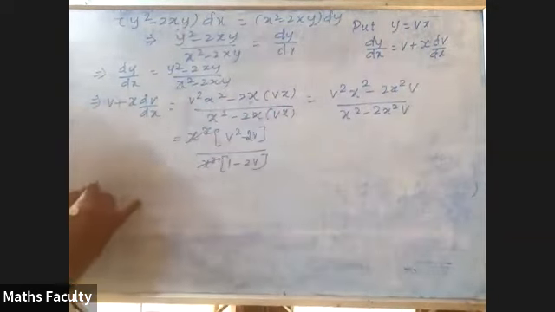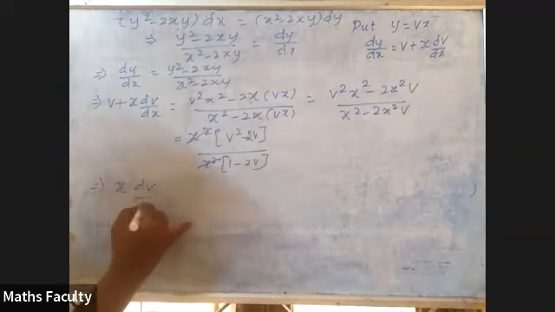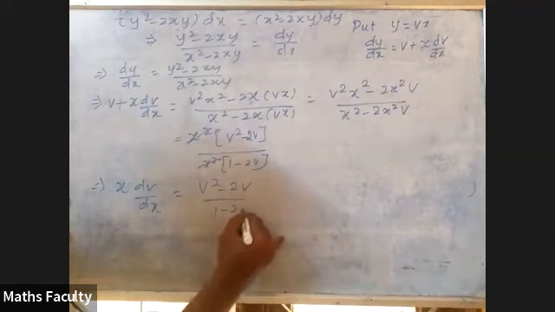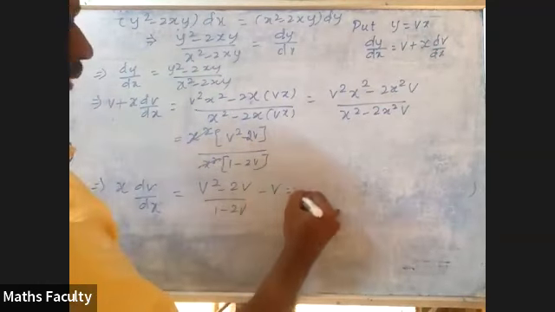Before separating variables, x dv by dx is equal to v squared minus v divided by 1 minus 2v. Bring this v to that side, it becomes minus v.